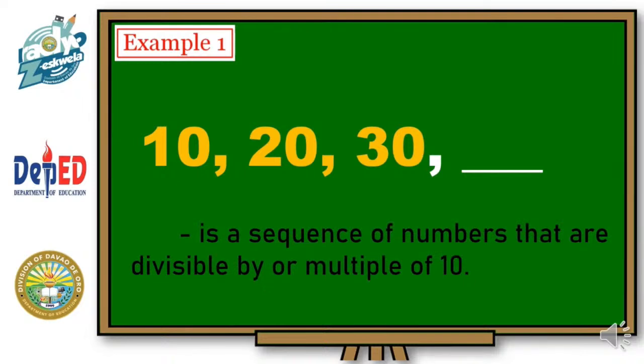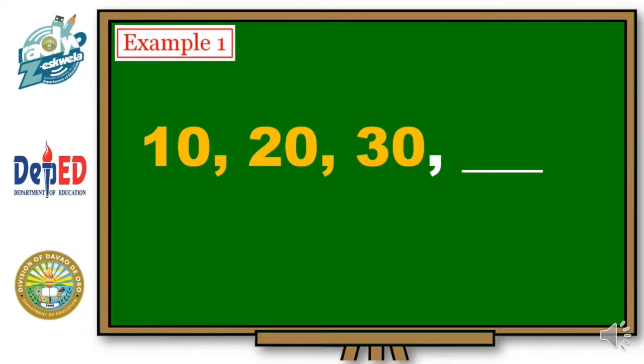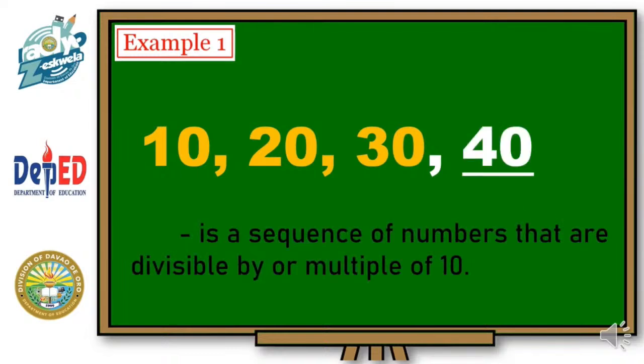From this example, you can then generalize that the sequence is a sequence of numbers that are divisible by or multiple of 10. We can also say that each term increases by 10 and so on. Therefore, we can conclude that the next term of 10, 20, 30 is 40.